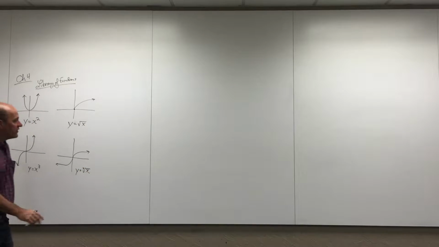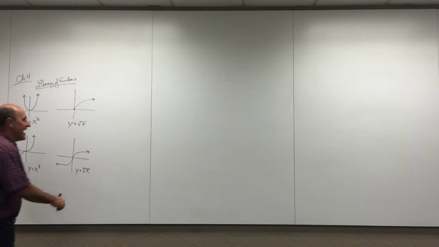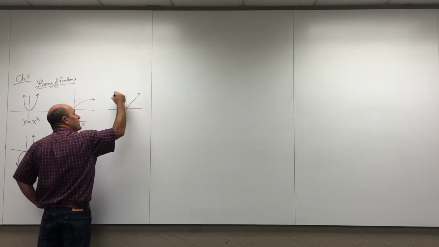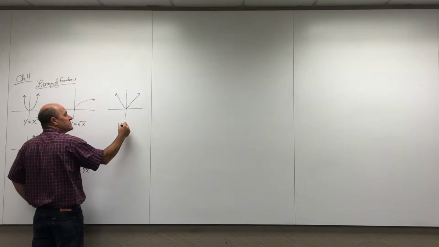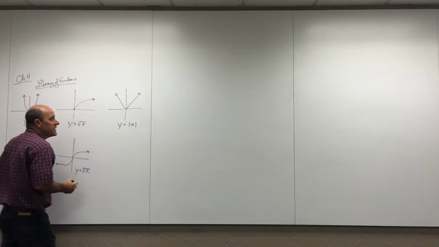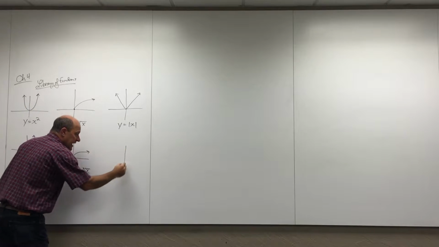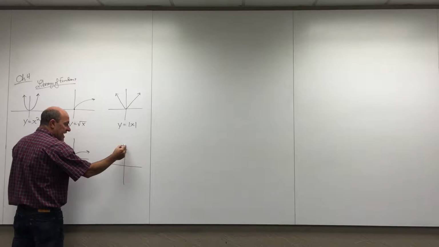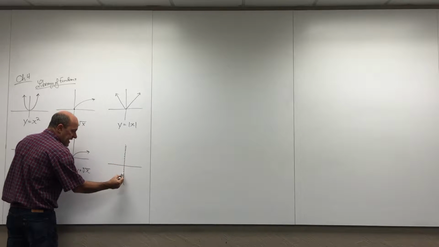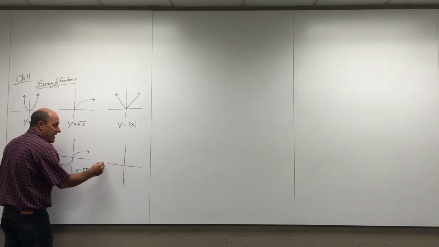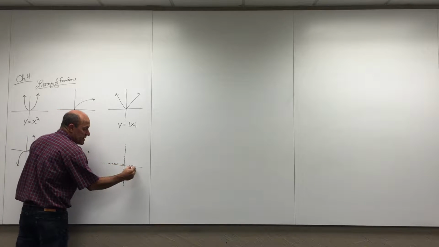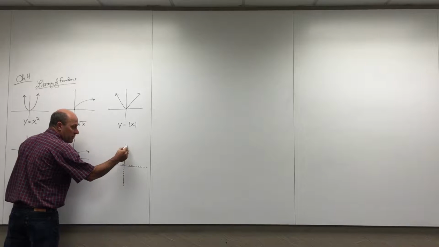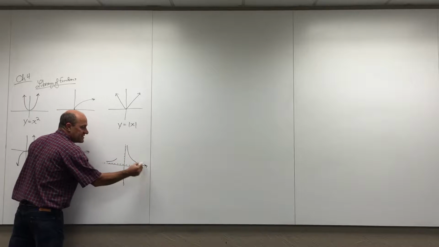Cool. There are 2 more that are not related, they're not cousins. I'll put them here. One of them is this V-shaped graph, which is y equals the absolute value of x. And the other is this one that has an asymptote here, and he actually has an asymptote here. The graph approaches these asymptotes.